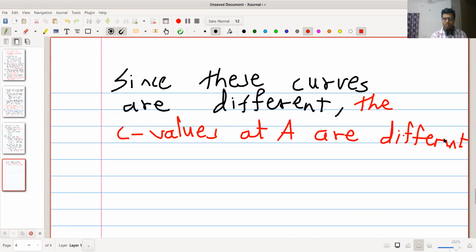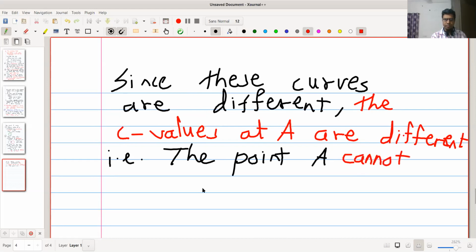Means this point a cannot be in the C discriminant relation. That is, the point a cannot appear in the C discriminant.